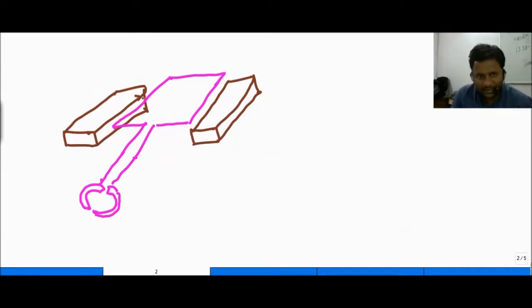In between two segments, we have to fill with mica insulation. The commutator segments are connected to the two brushes like this, and this is the DC load. This is the basic construction of the armature and the field.